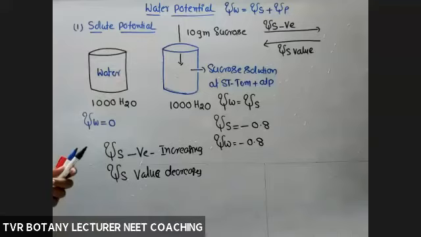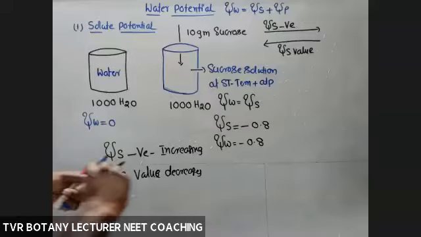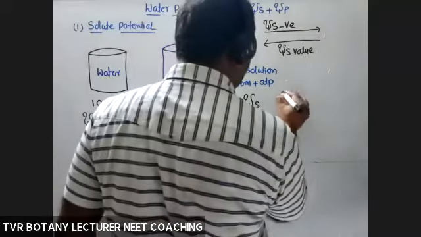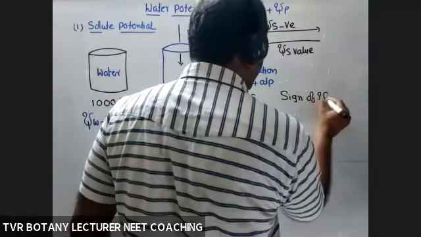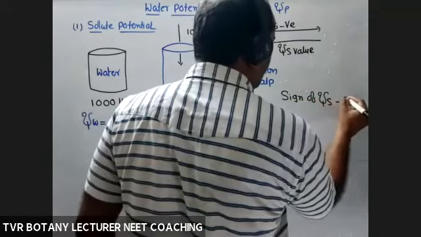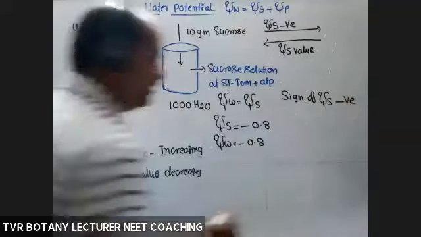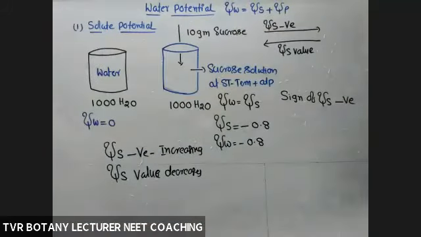Solute potential is always able to reduce the water potential value to a negative value. That's why the sign of psi S is a negative sign. The reason is that it always reduces the psi W value, making it negative.